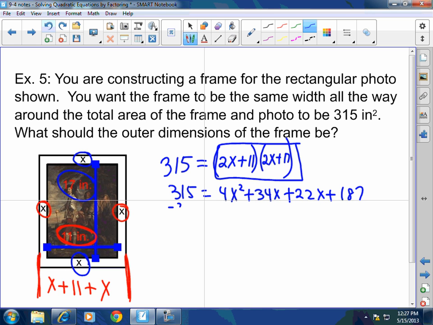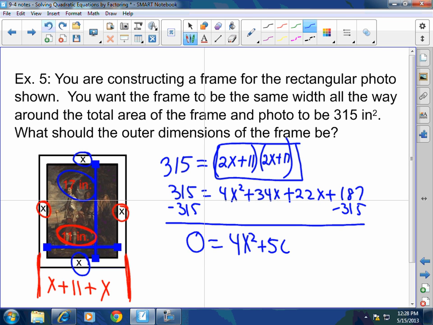Then I'm going to subtract 315 to both sides because, yes, just like you said, my brother, you must set this to 0. So 0 is going to equal 4x squared plus 56x minus, you got 315 minus 187.